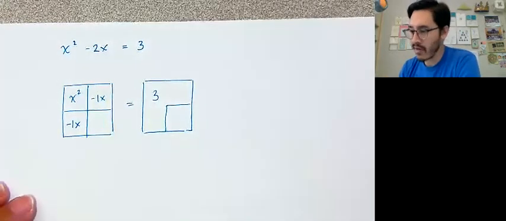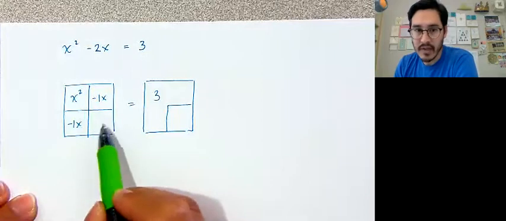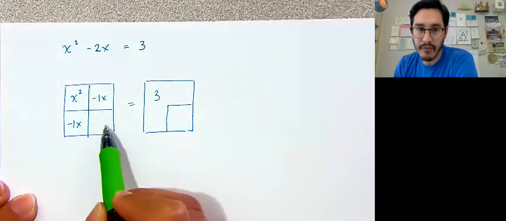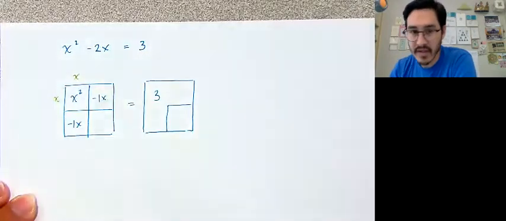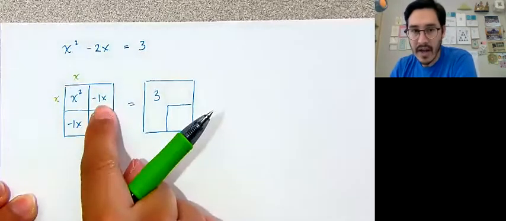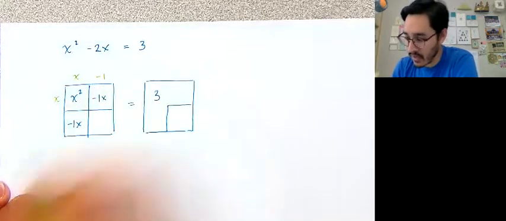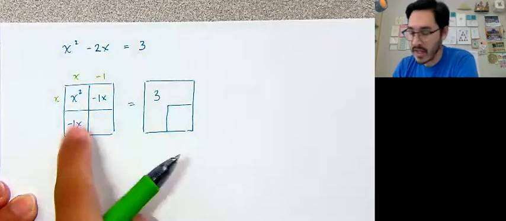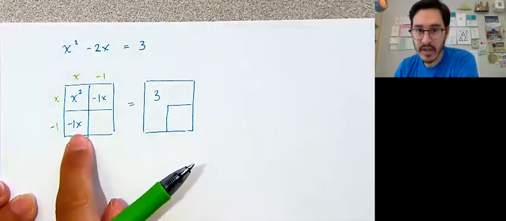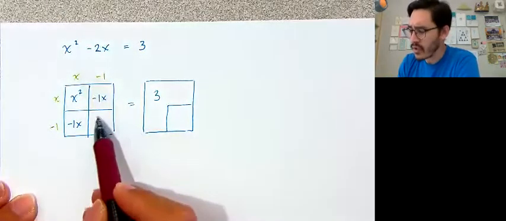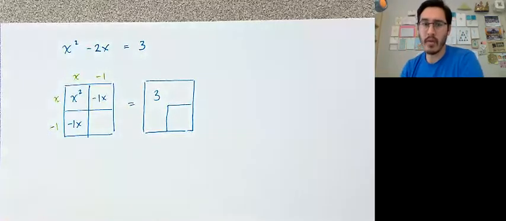Now we're going to prematurely start factoring, because we still haven't figured out what this 4th box is. x squared would require dimensions of x and x, and then negative 1x would require 1 dimension of x, and the other dimension would be negative 1. Same thing could be said here: x times negative 1 makes this product. Now we can figure out what that missing box is, and we will complete the square.